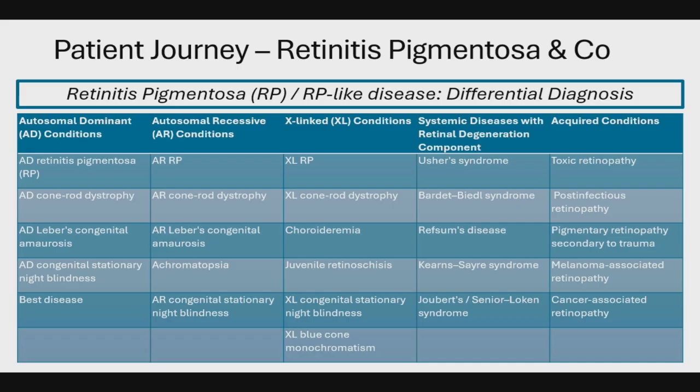It just looks like one. You can help the patient that most likely his children will not be affected. Whereas if you find out it's autosomal dominant, AD retinitis pigmentosa, chances or risks are higher for his children. So this is another reason where electrophysiology can help in giving advice to the patient.